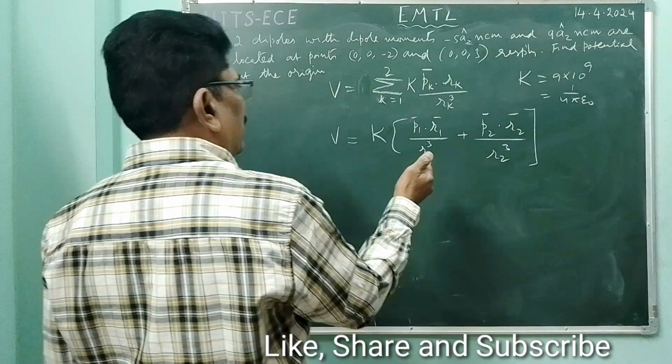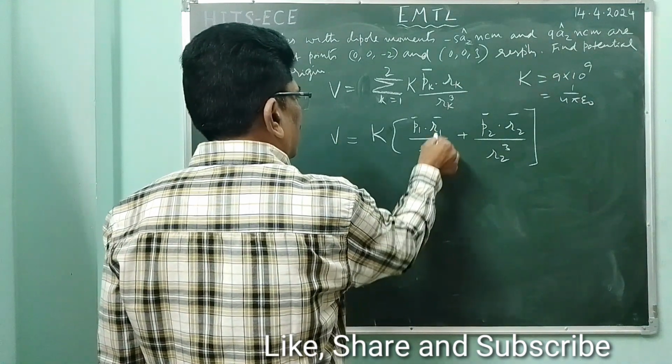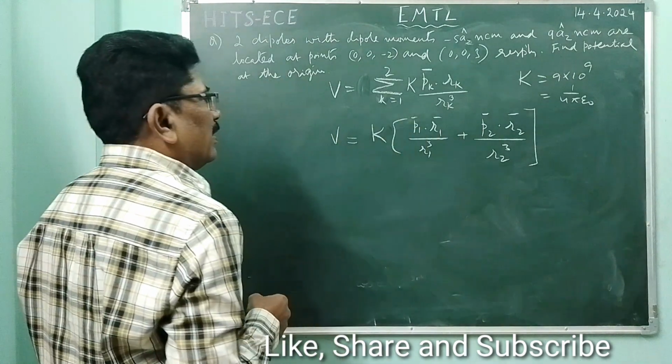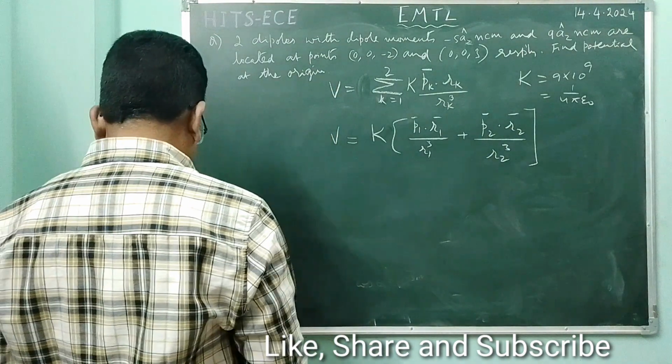Let us find out P1, P2 and R1 and R2. This R1 is nothing but the magnitude of vector R1 and R2 is the magnitude of vector R2.